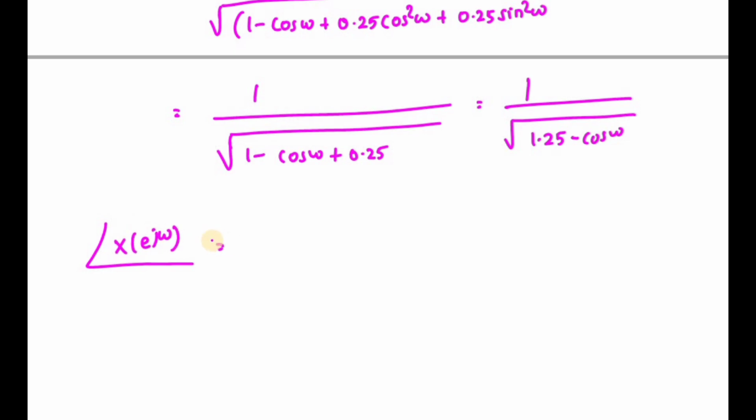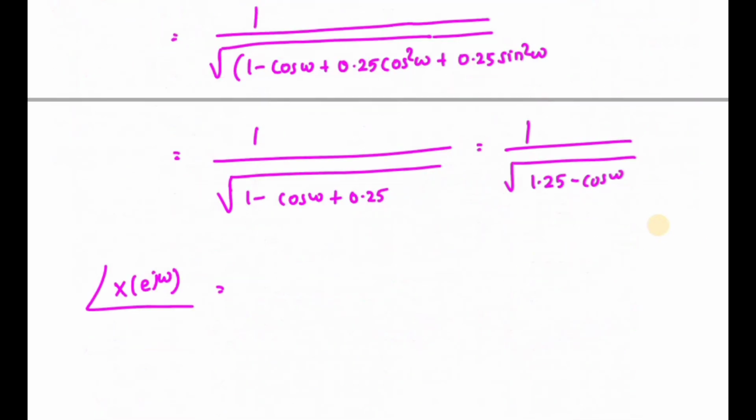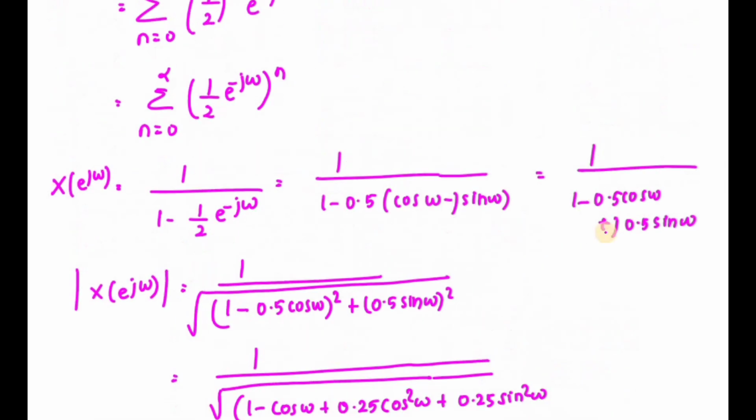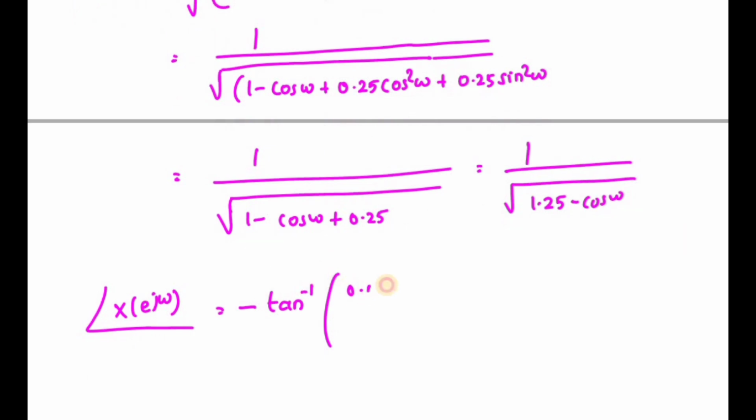If you want to find the phase of this one, okay, since this is my question, right? X of e power j omega is equal to 1 divided by 1 minus 0.5 cos omega plus j 0.5 sin omega. So the phase is equal to, since it is in the denominator, you have to use minus tan inverse of the j value, which is 0.5 sin omega, divided by the real term, which is 1 minus 0.5 cos omega.